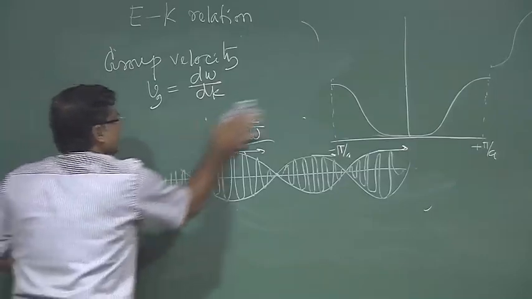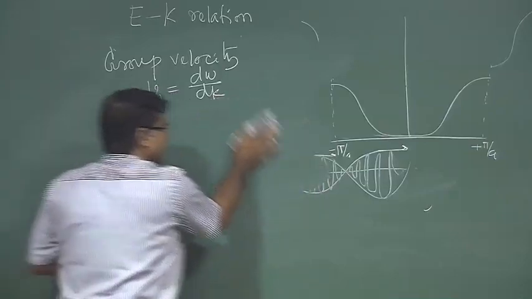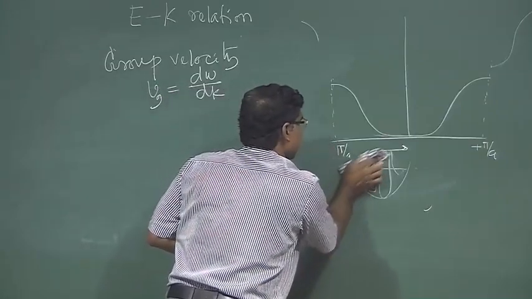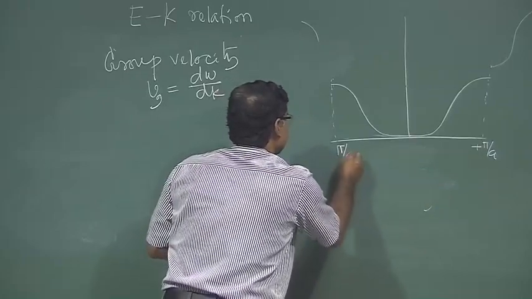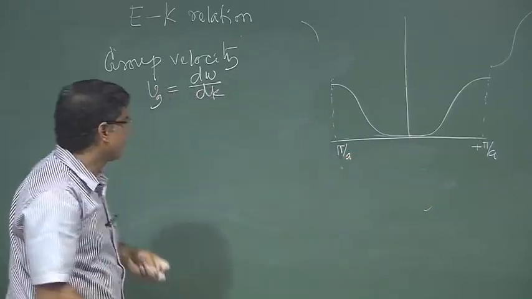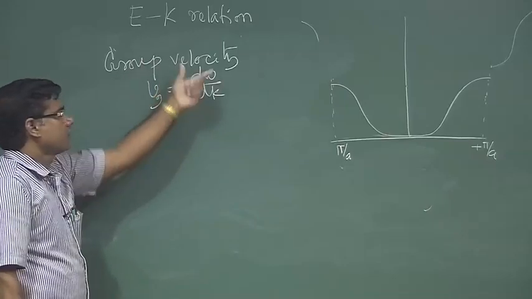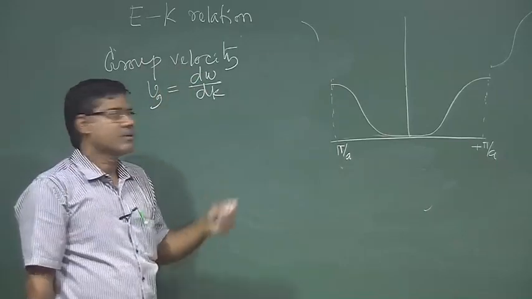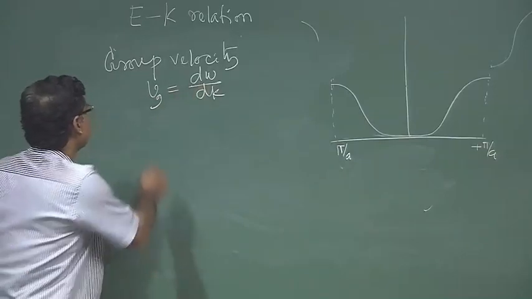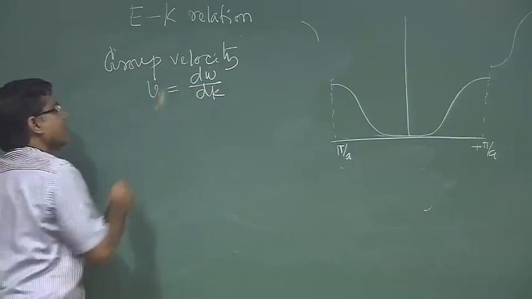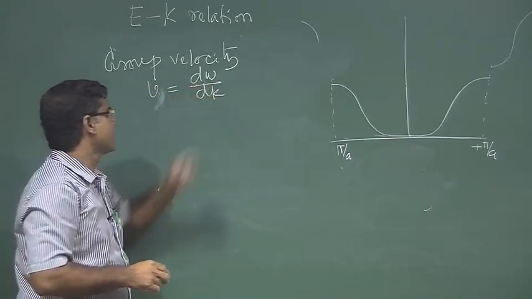When an electron is in the band, it is no longer a free electron. It will move not with the phase velocity but with the group velocity. So Vg equals d omega by dk. I will remove this g, so just V equals d omega by dk.